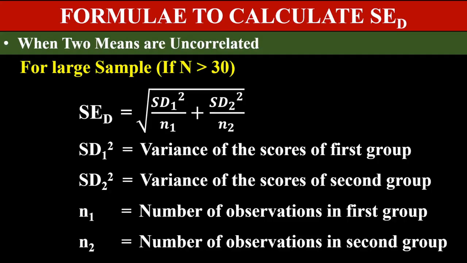It means when the number of observations in the sample is greater than 30, then SED is found in this way, and means of both groups are found by the normal formula of mean, and by putting all these values in the formula of t-value or CR, we will get t-value.